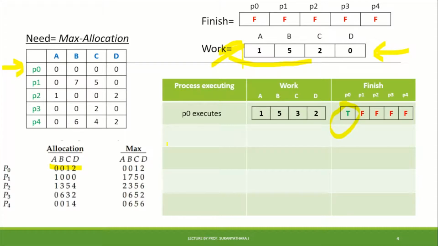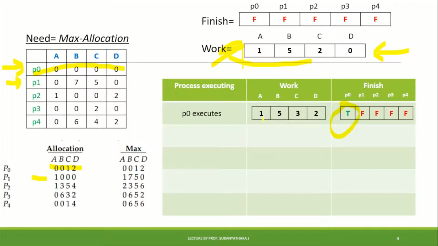Now again find a process such that the need of process Pi is less than or equal to work. Okay, let's check with P1. P0 has now completed execution and left. Now P1 needs 0750. Can P1 execute?